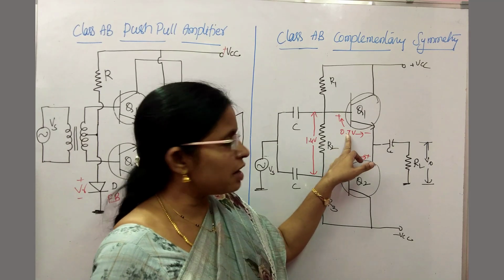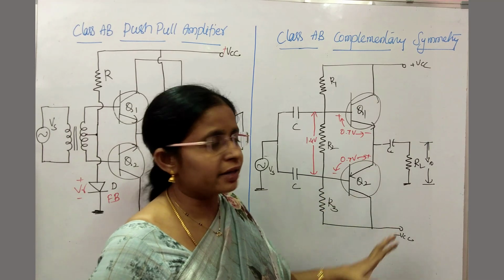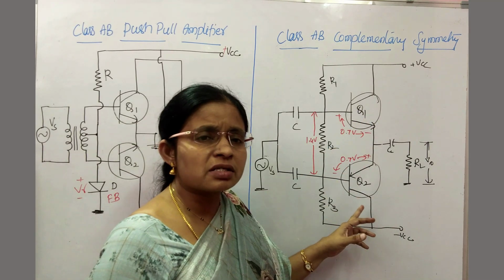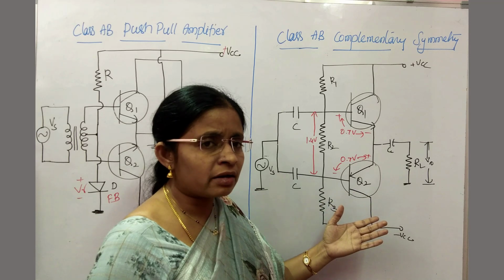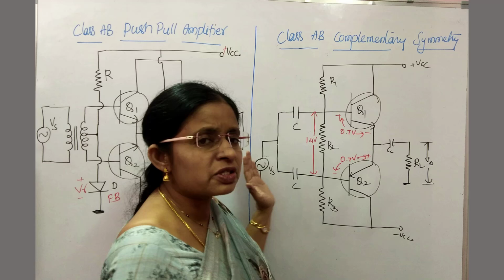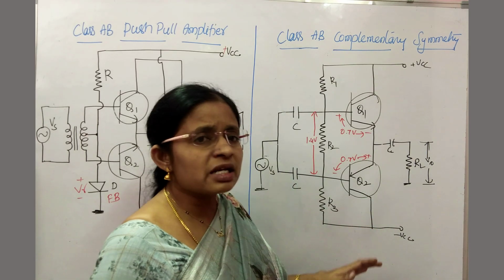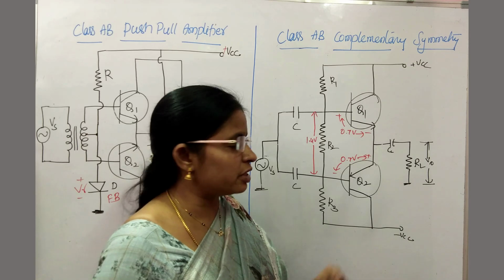With this 0.7 volts Q1 will conduct, and with this minus 0.7 volts Q2 will conduct. As these two transistors are in the conduction state, they can send the input signal to the output without any distortion. That is about class AB complementary symmetry.